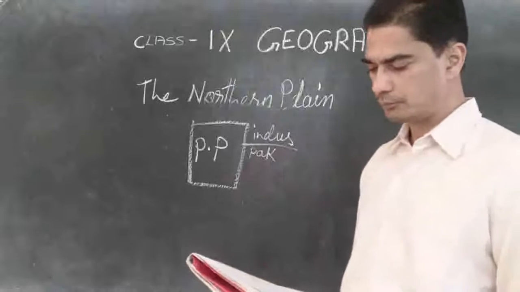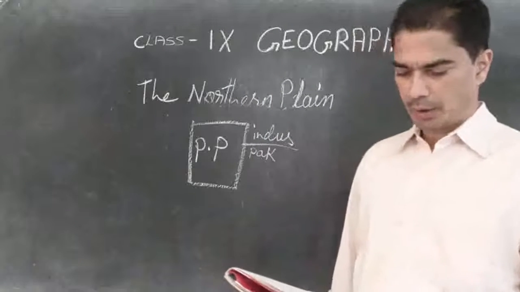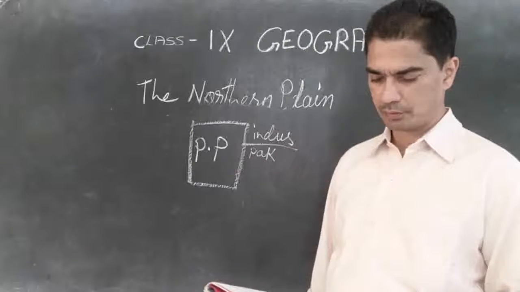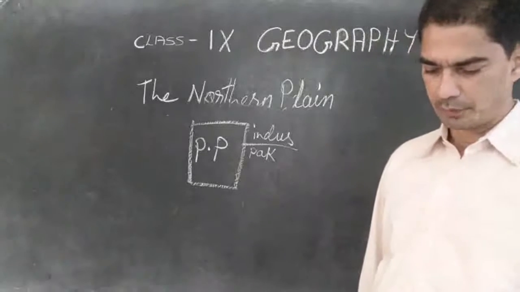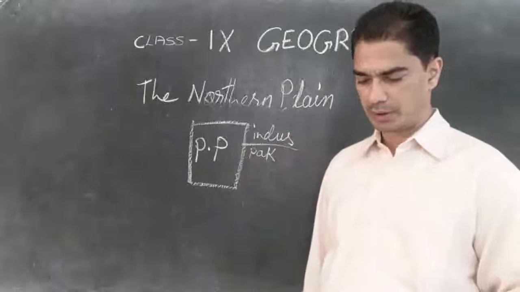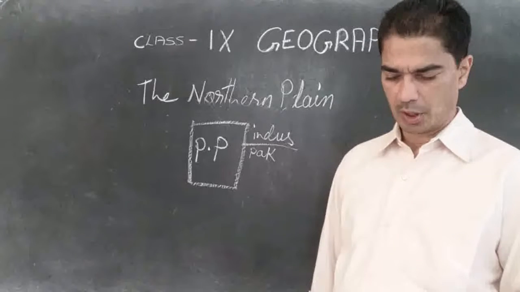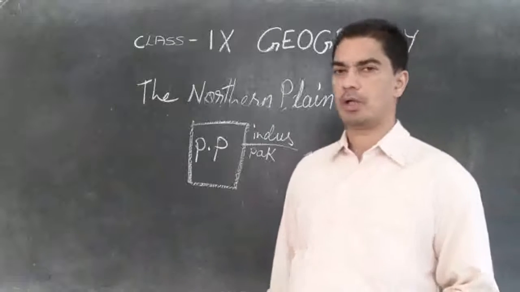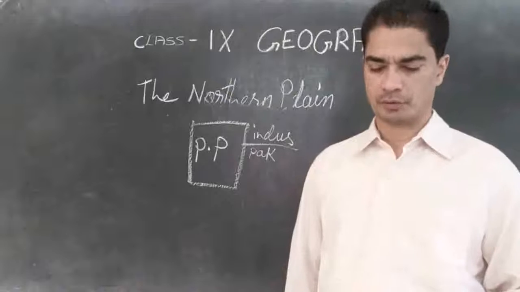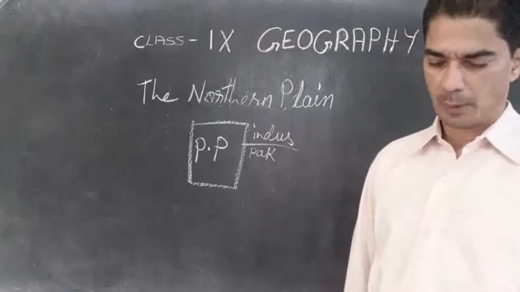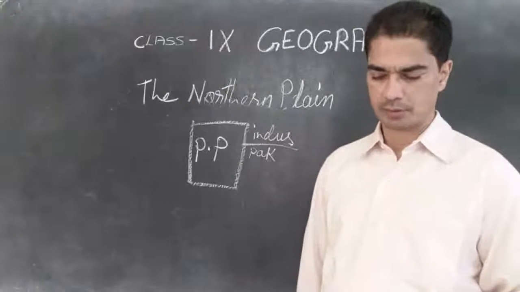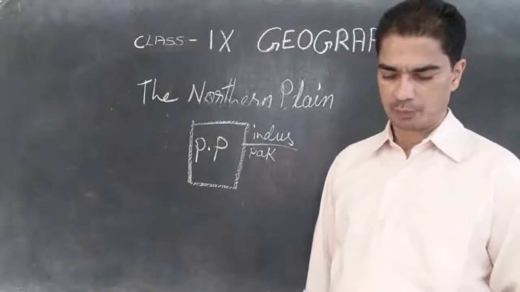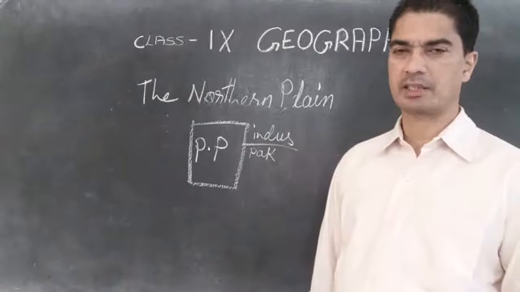Then the Indus and its tributaries, the Jhelum, the Chenab, the Ravi, the Beas and the Sutlej, originate in the Himalayas. So these are the tributaries of the Indus River. What are they? The Jhelum, the Chenab, the Ravi, the Beas, and the Sutlej.